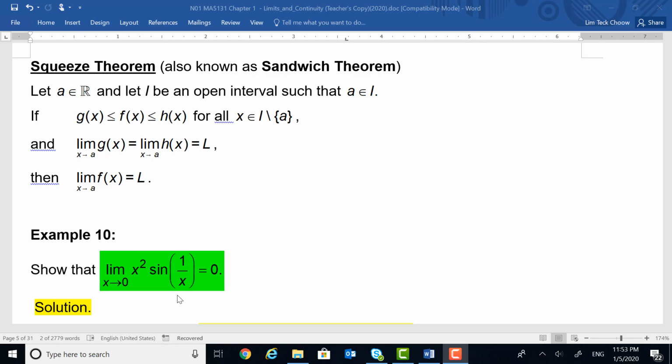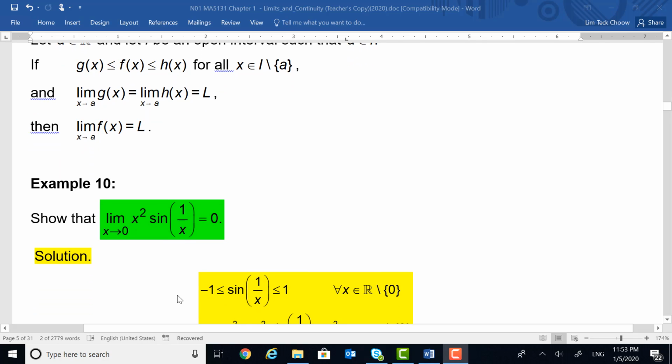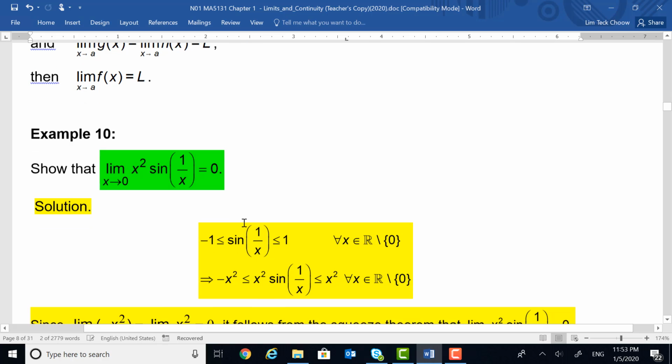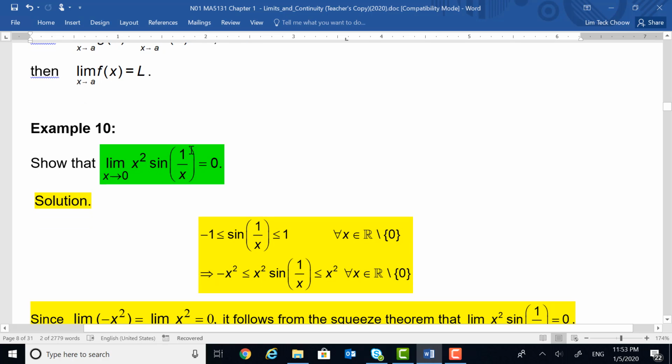One way out is to use the squeeze theorem, by first noting that the function sine of 1 over x, no matter what 1 over x is, is always sandwiched between minus 1 and 1. Because of this, x squared sine of 1 over x will be sandwiched between minus x squared and x squared, for all values of x except potentially at 0, because at 0 we are not sure. But it doesn't matter.